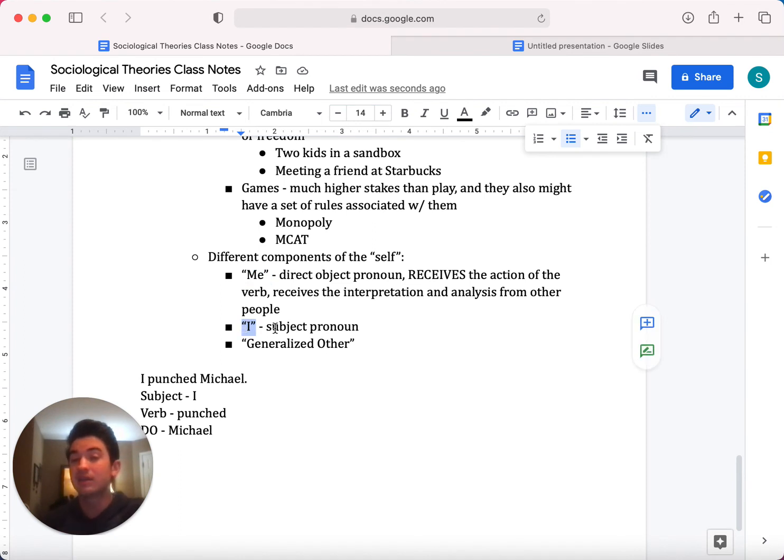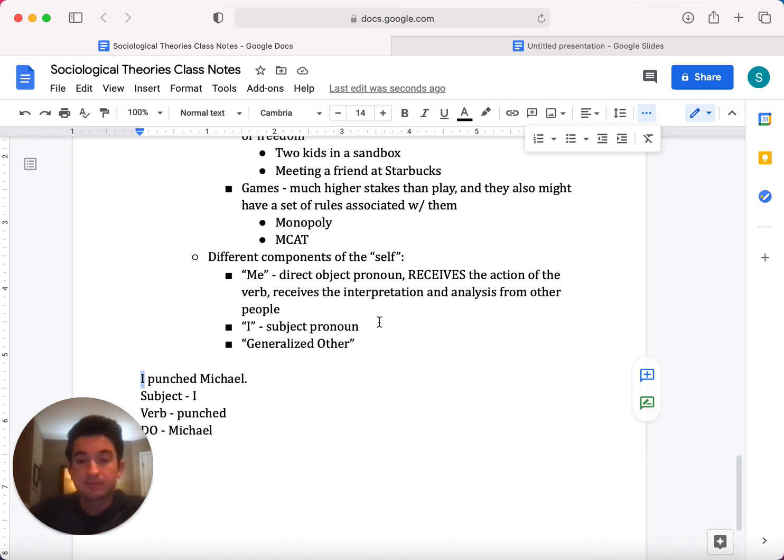Your I, okay, if we look again at this sentence, I punched Michael. I is the subject here, okay? And when you think about a subject, that's the one that's doing the action of the verb, okay? So in this example, I am punching, so I is the subject pronoun here.